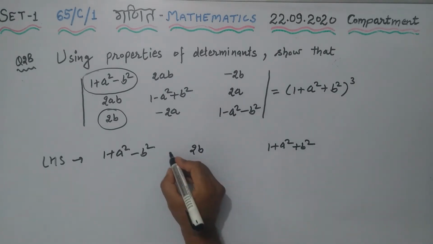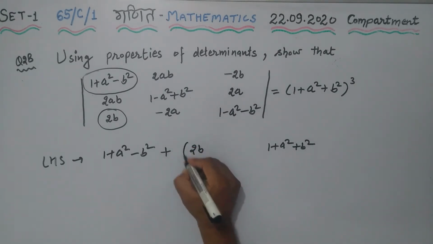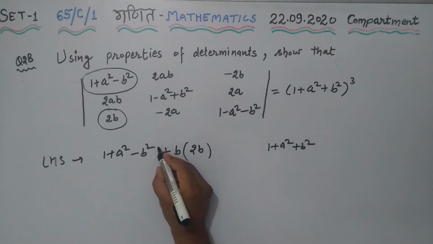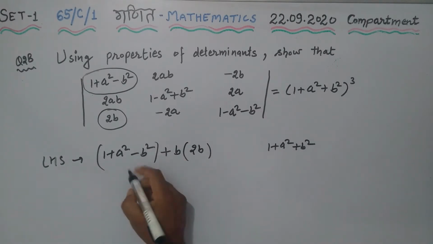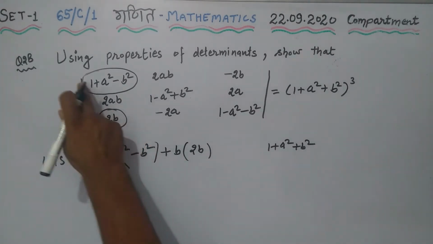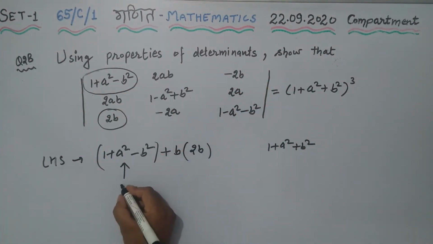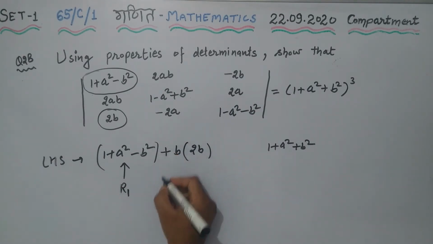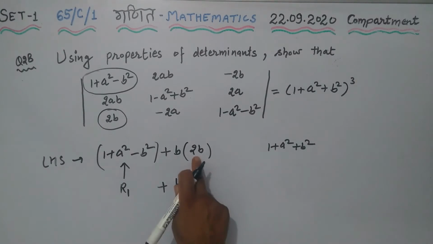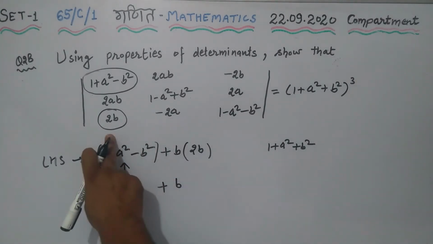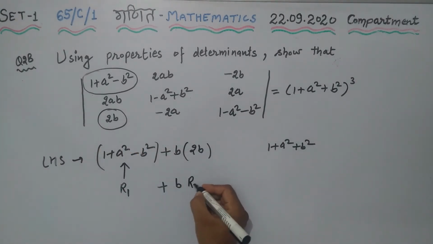So I think we should add, and this is multiplied. So this will become 2b square. What was this? This was row 1, R1. Plus sign is here. B we take from our own side. 2b, this is the part of third row.